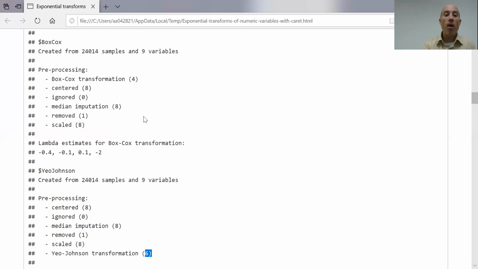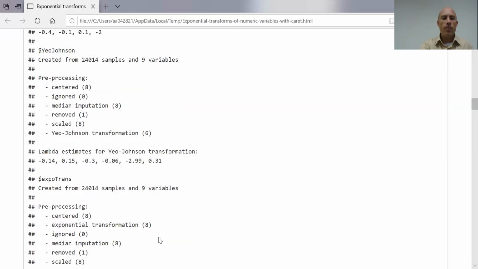Now remember, the Box-Cox transformation can only take positive values. If there is a 0 or a negative anywhere in the data, R is going to go, nope, not doing Box-Cox. Yeo-Johnson will take a wider range of values. I think it'll take negative, I can't remember 100% off the top of my head.